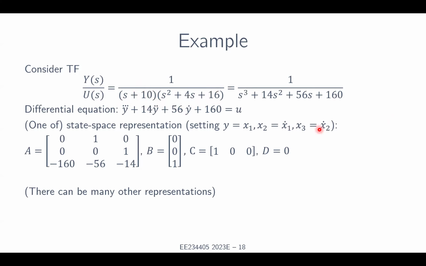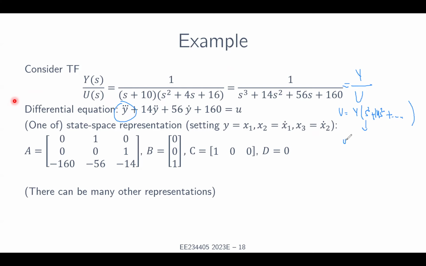And the differential equation here is, from this to this, I think it should be clear, right? So we have the transfer function, y over u in s, both are in s. So u is y times (s cubed plus 14s squared plus and so on), right? And s cubed means the third derivative, right?